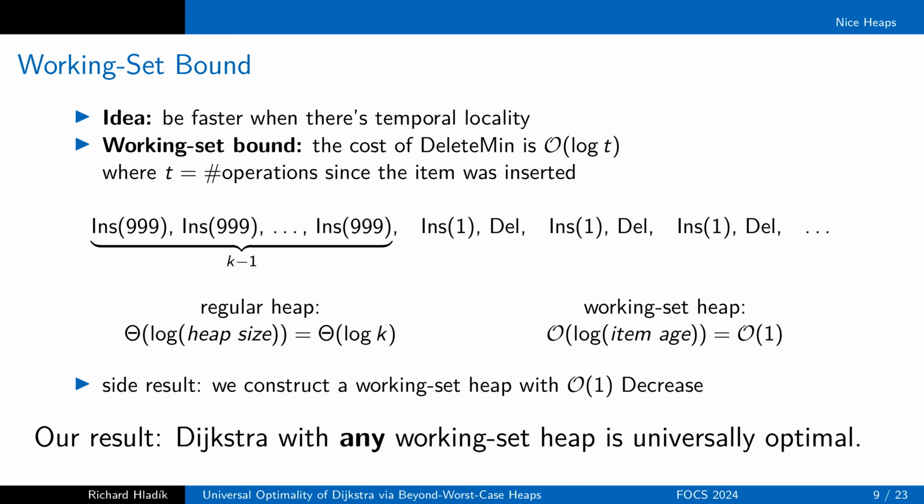Interestingly, I talked about all this previous work, and there are some working set heaps that exist, but none of them had decrease in constant time. So what we also do in this paper is construct such a heap. But since this is a talk about Dijkstra, I will not talk about it anymore, just let you know that this is possible, that this exists.